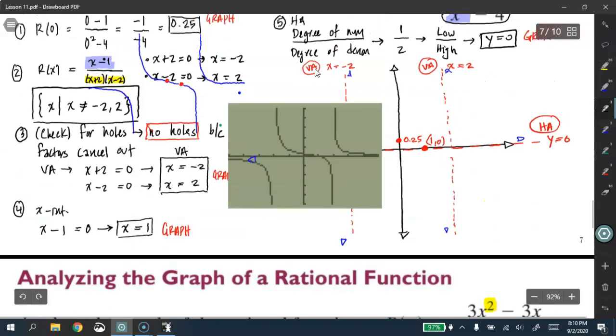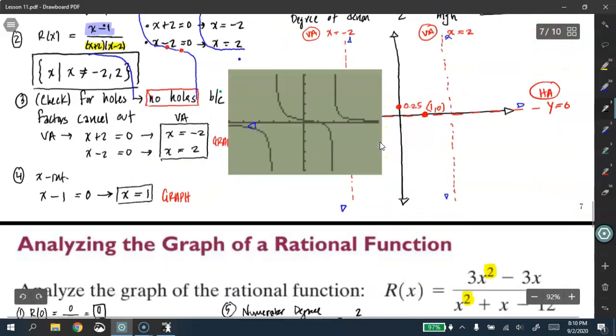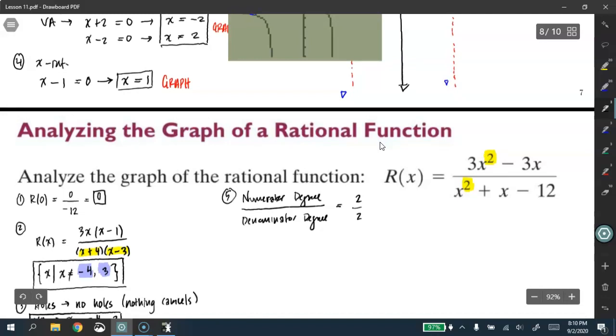Now, as I mentioned to you earlier, it's not about what the numbers are. It's about the relationship between those numbers. So notice that both of these numbers are the same. A lot of my students call this the same over same case. Because it's the same, here's what you need to do. You need to create a horizontal asymptote at y is equal to the leading coefficient of those particular degrees.